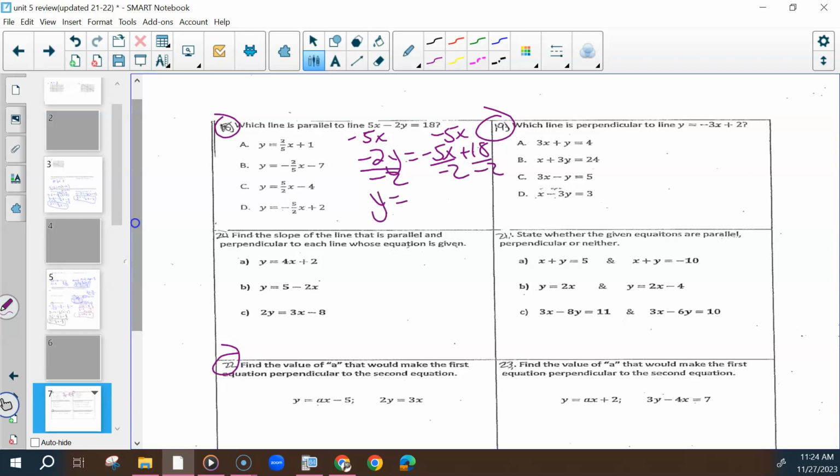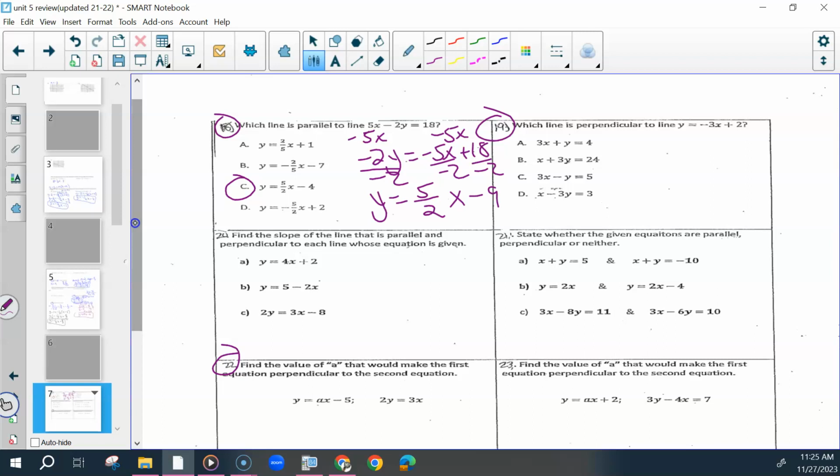So y equals positive 5/2 x minus 9. So if it is parallel, which of these would be parallel to this? C has the same slope. D has a negative version of this slope, so that would not be the answer. And then A is flipped. B would be perpendicular.